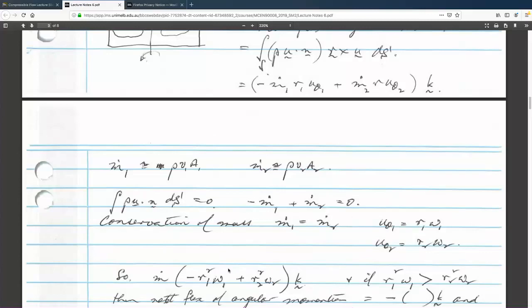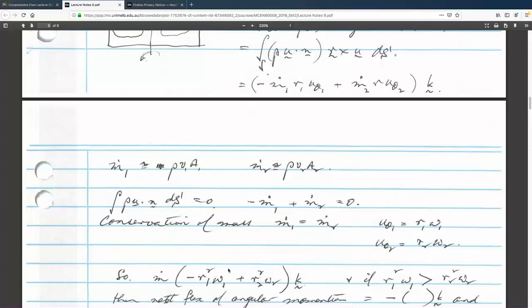So it must be true that this is bigger than that. And if omega were the same, it is. R1 is much bigger than R2. So if R1 squared omega 1 is greater than R2 squared omega 2, then this object inside here times k is negative.